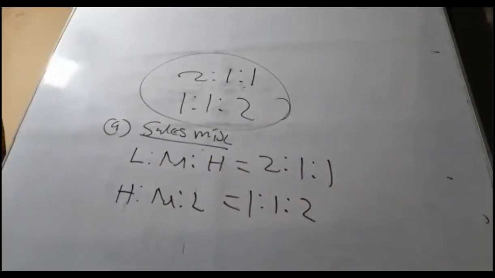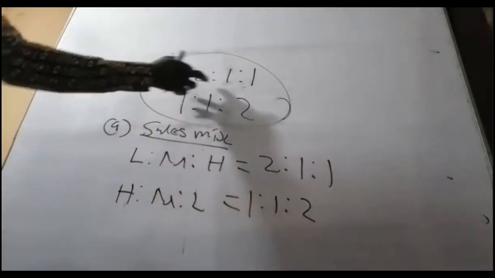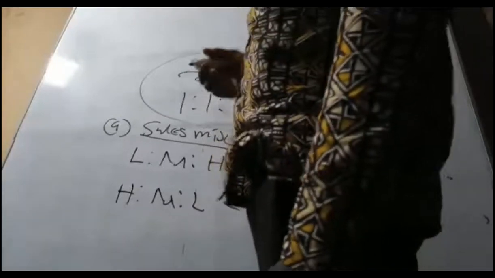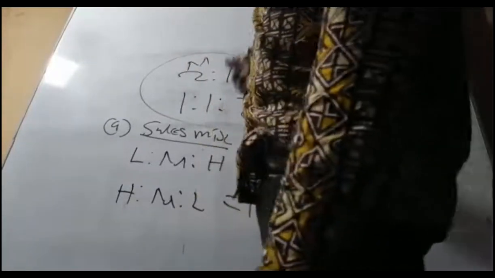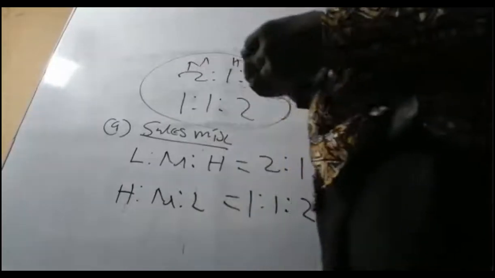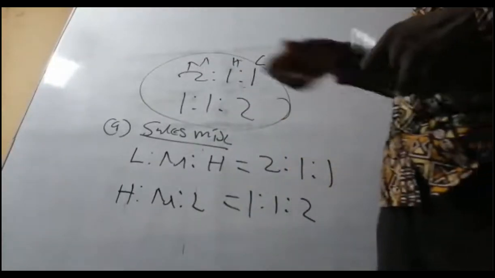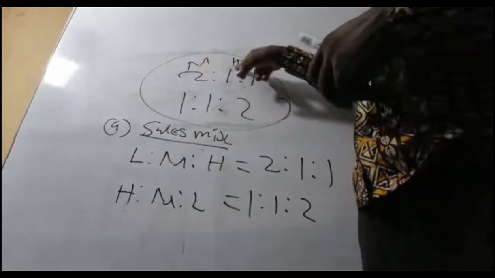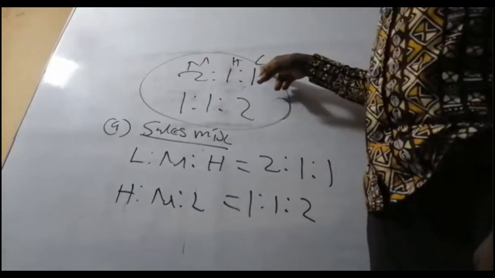We say mix because if you go 2 is to 1, I can decide to write any figure there. Me, I write something here like this. I'll put medium here, H here, and L here. You are telling me that the medium is 2, high is 1, low is what? 1. So take note of something like this.